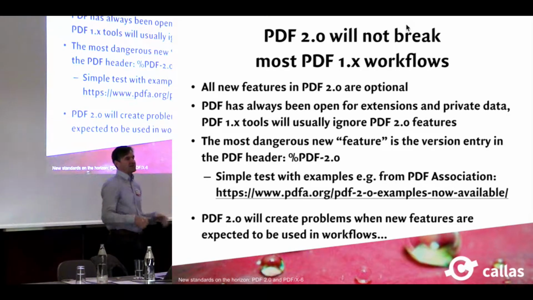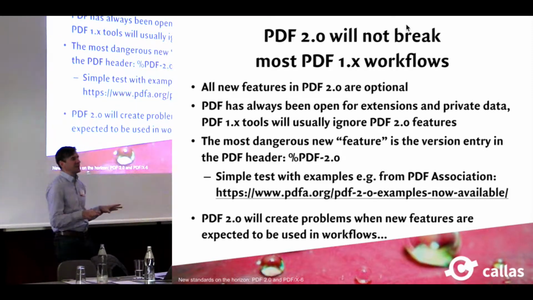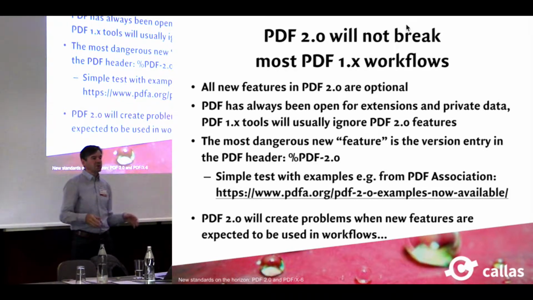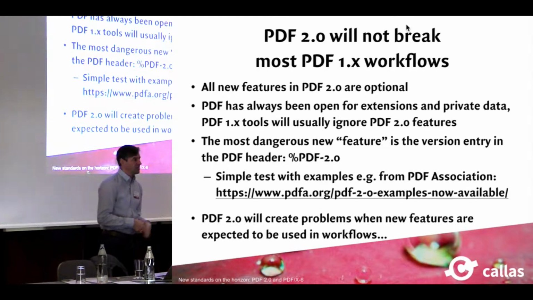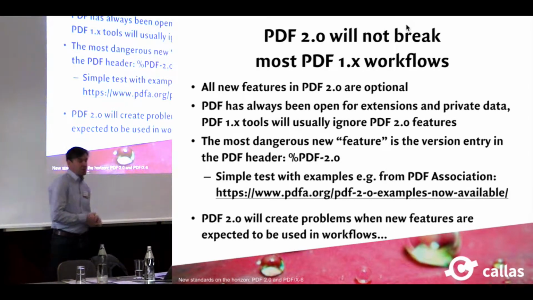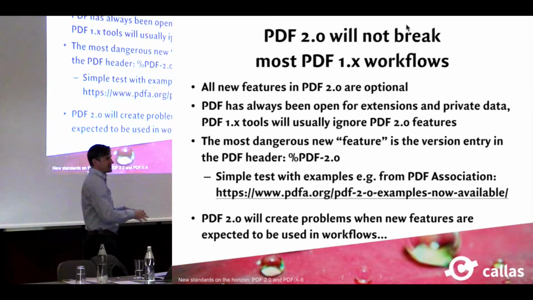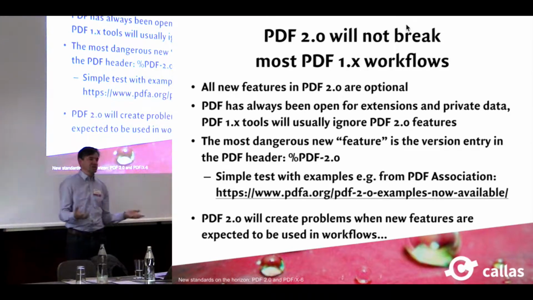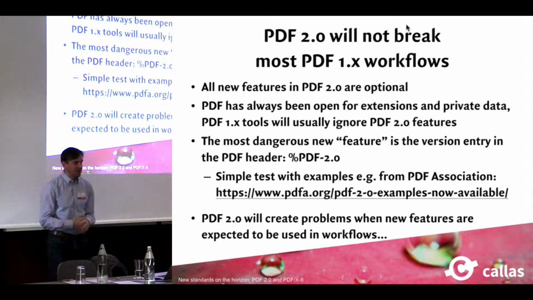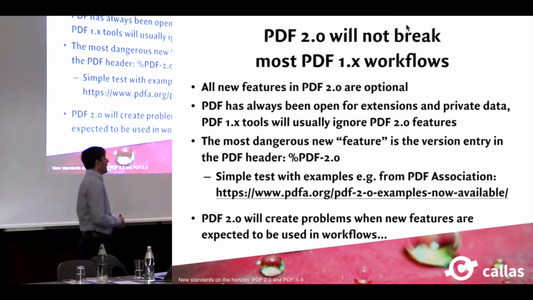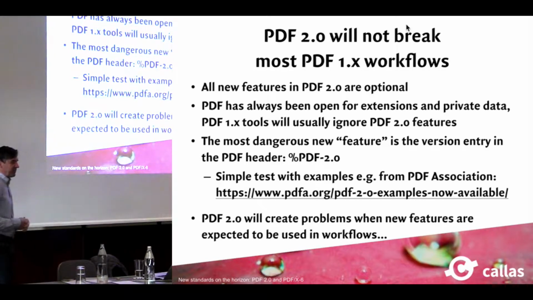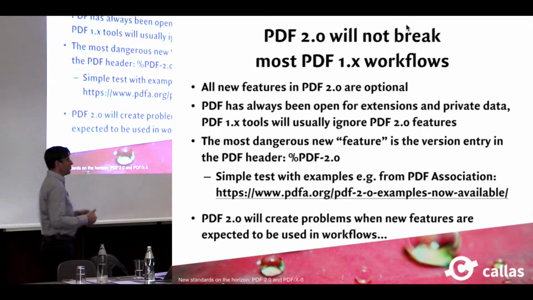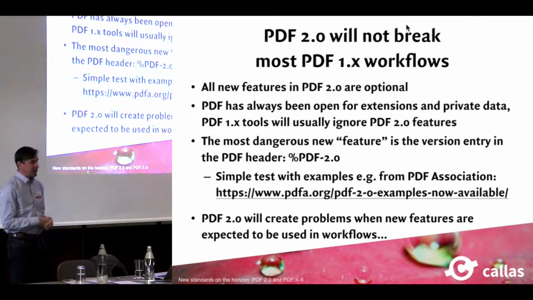So PDF has always been designed to be extensible, so it was always possible to add private data, and many vendors, for example callas, but also others, have introduced private data into PDF, and such data was simply being ignored by any PDF processor that couldn't understand that. So that means, in fact, maybe you receive a pdfToolbox file at some point in the future and you don't even recognize it.